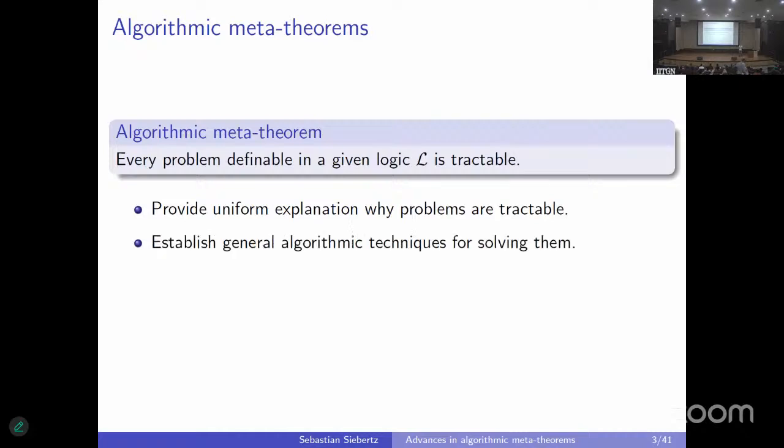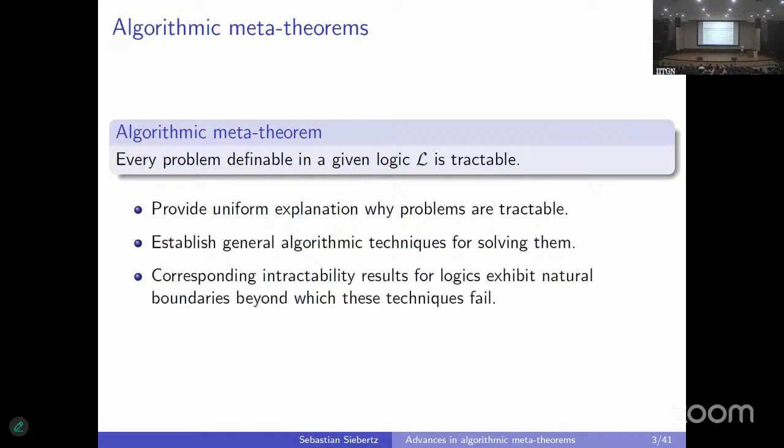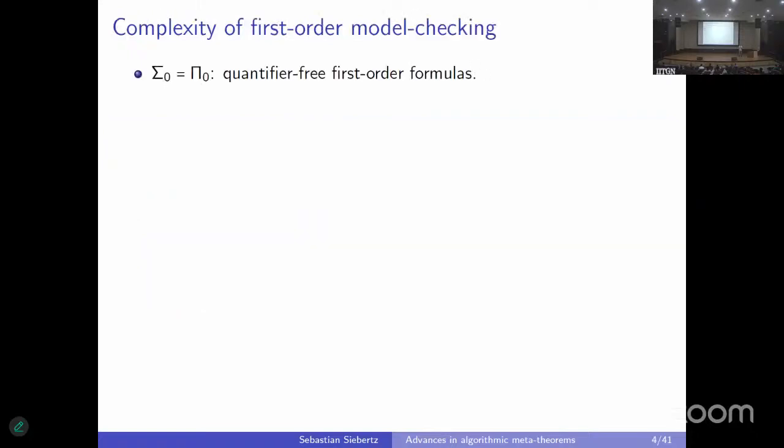So we distill the techniques from all of these problems in the model checking problem for the logic. And we say, this is really what it's all about. And then we have corresponding intractability results. We know the boundaries where the techniques can be deployed and to what extent they can be used. So let's look at the complexity of first order model checking.